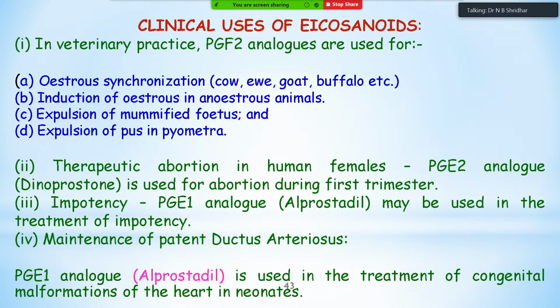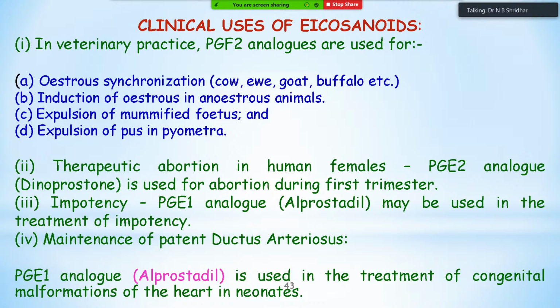And synchronization of estrus is very helpful in making the conception rate high in cows, ewes, goats, buffalo, or what we can say is most of the ruminants. It's very useful in estrus synchronization. What is the meaning of synchronization? It means the animals are injected with different doses of the eicosanoids, then they will come into estrus at a time.